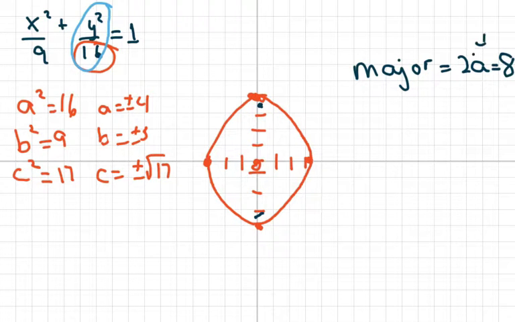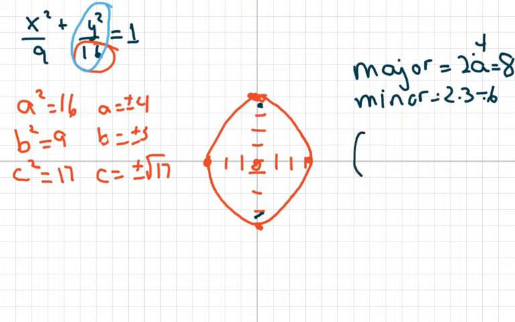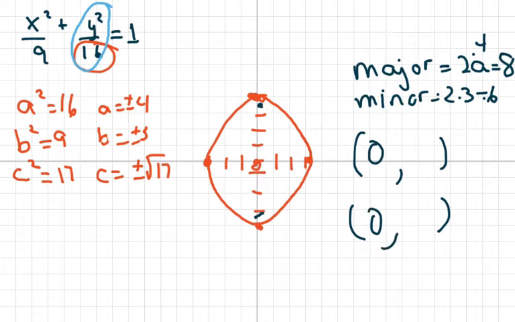The minor is going to be 2 times 3, which is 6. And that's it. Oh, let's write down the foci. The foci is on the y. And it's going to be plus square root of 7 and minus square root of 7.